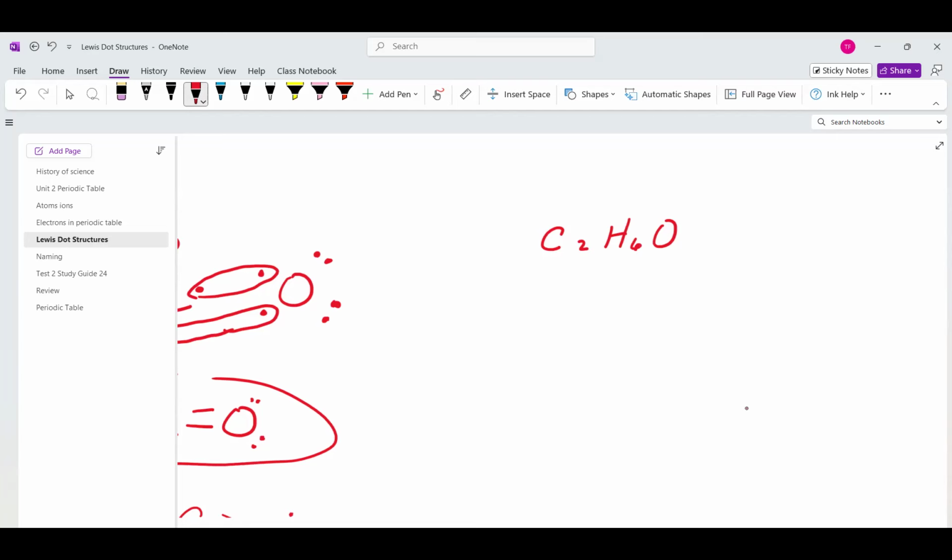So, okay, what do we put in the middle? Which of those three atoms have the most singletons? Carbon. So the carbons go in the middle. Then we have the lone oxygen, which is next. Let's stick it over here on the right. It really doesn't matter.